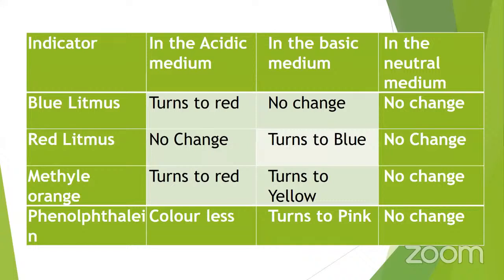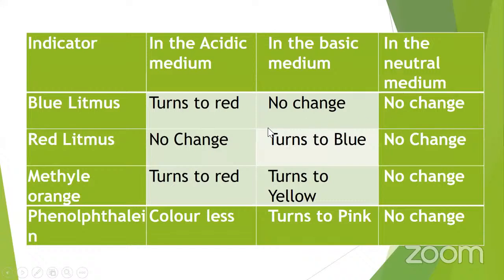Okay, if it is not a base, then it is red. Is it acidic? In acid its nature is red, it turns into red, but in base its color is blue. Blue litmus is already blue, so therefore we say no color. In neutral medium also it doesn't exhibit any property, there is no color change in it.